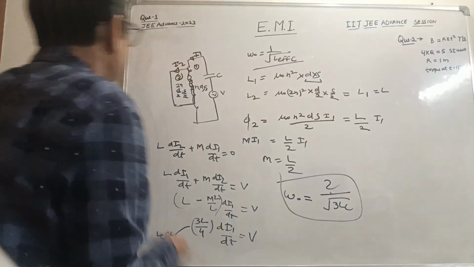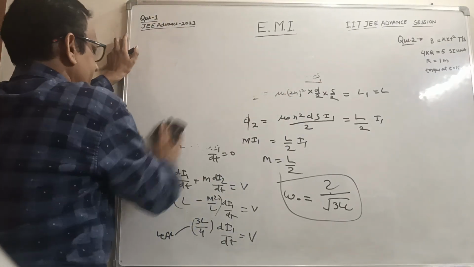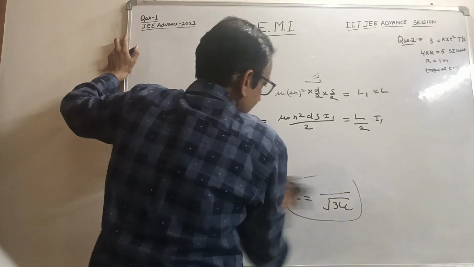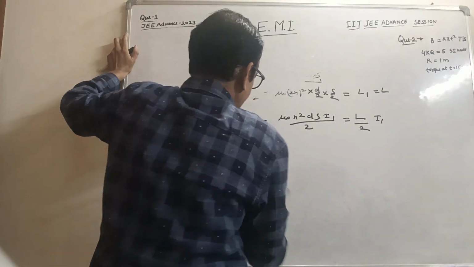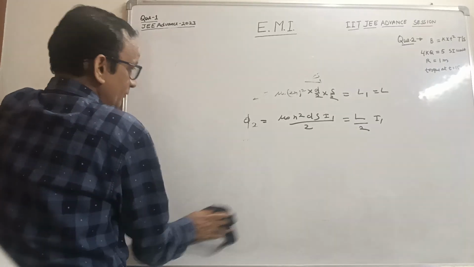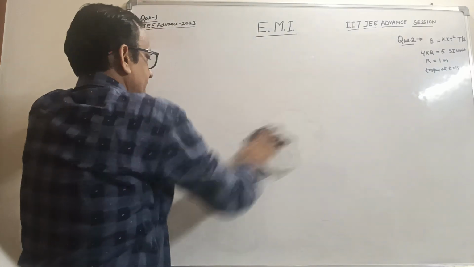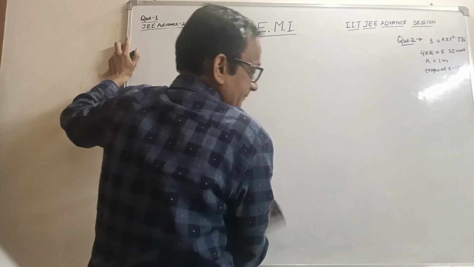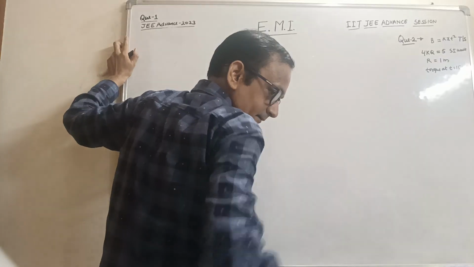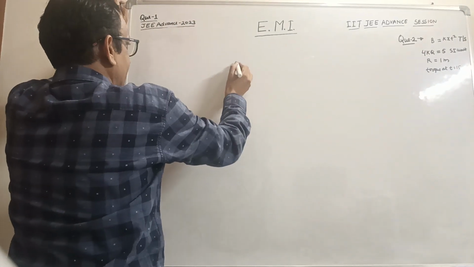Next question. In this question, a disk is given and a charge Q is uniformly distributed over the whole area. The disk is placed on a horizontal frictionless surface, a horizontal plane.